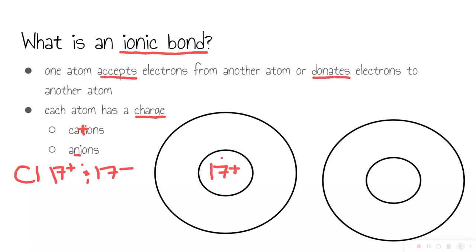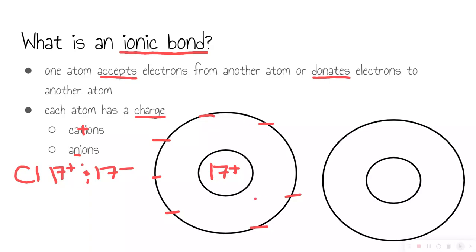This inner circle is representing our nucleus, and this outer circle is representing our valence shell. Chlorine is in the 7th column of the 3rd row of the periodic table, so it's going to have 7 electrons in its valence shell. And its valence shell is going to be its 3rd shell because it's in the 3rd row.